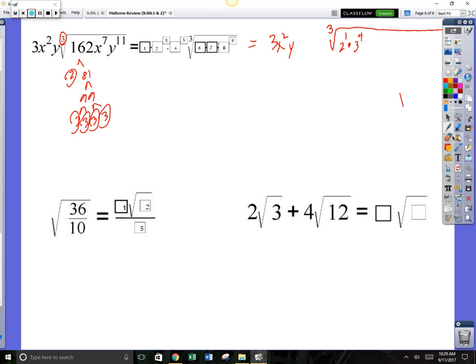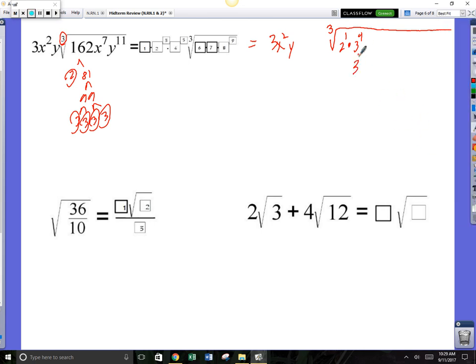So instead of 3 to the 4th, I can write that as a cube, and then there's kind of 1 left over. So this cube root is going to undo that cube. So out here, I'm bringing 3, and that 1 just stays left over.